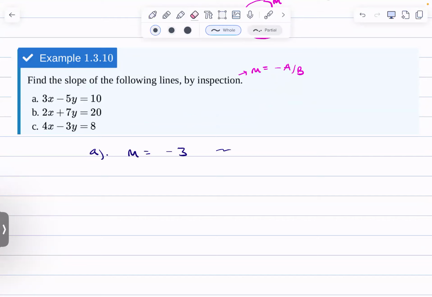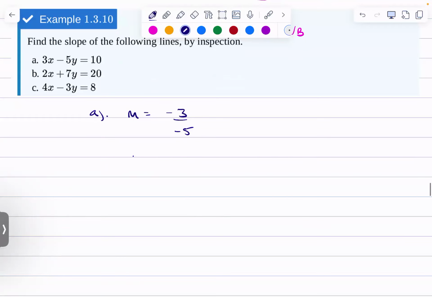It's virtual paper. I don't know why I try to save space, but there. 3 over 5. Negative over a negative, they're going to cancel out. And so we get m is 3 over 5.